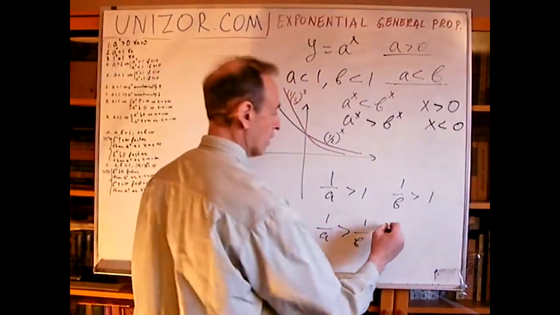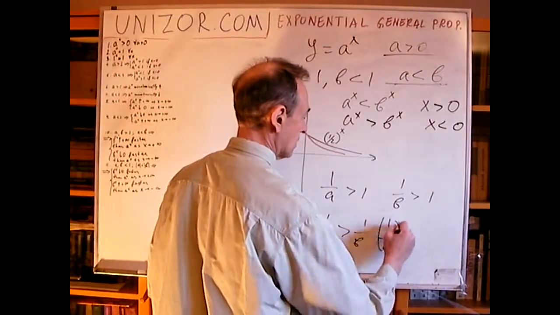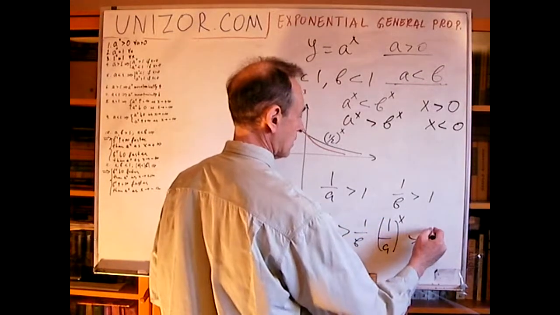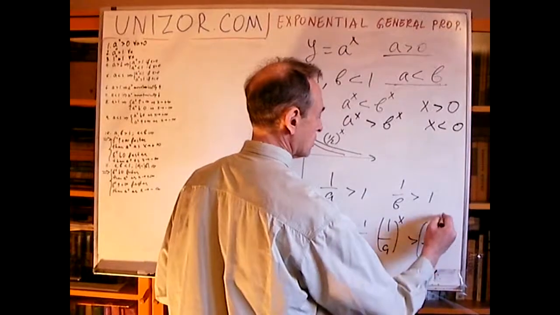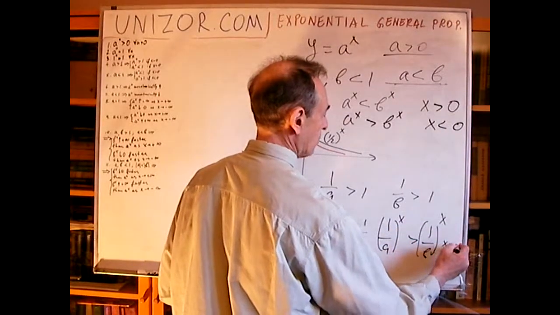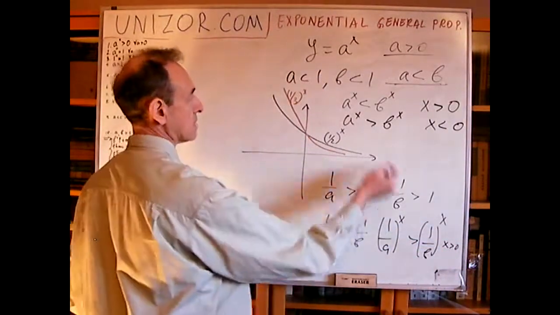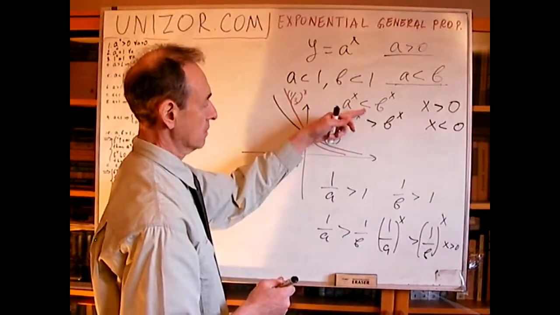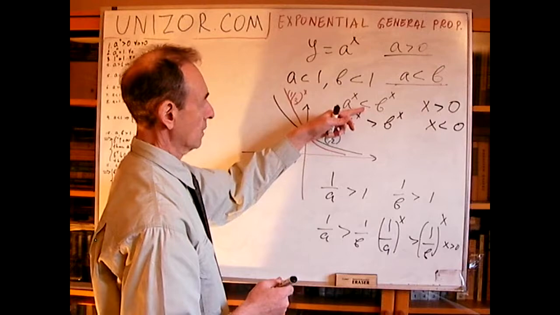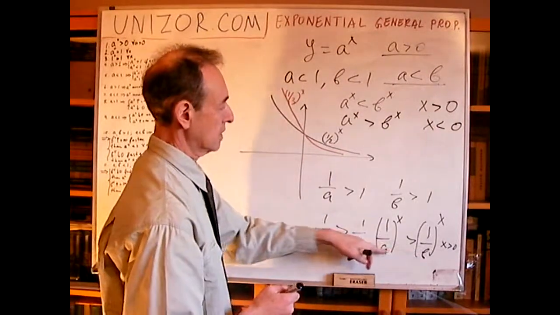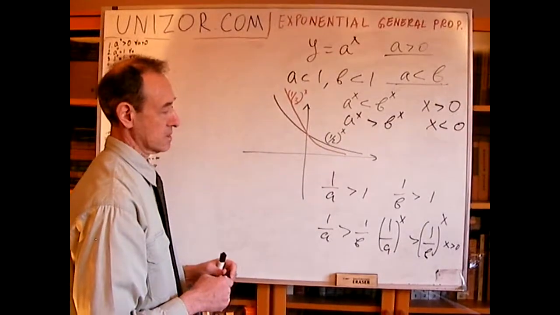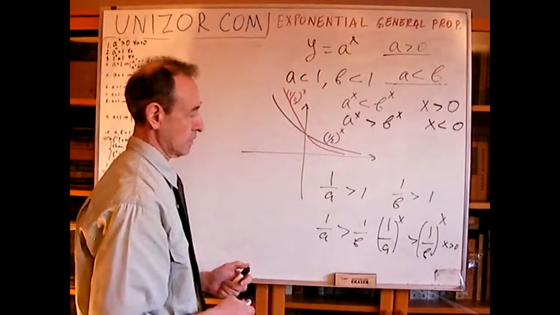And therefore, 1 over a to the power of x would be greater than 1 over b to the power of x for positive x. And that's what actually gives an opposite inequality for denominators of these two members. And same thing with this one.